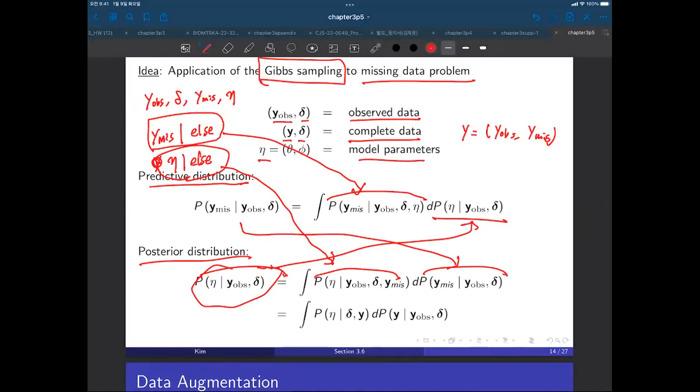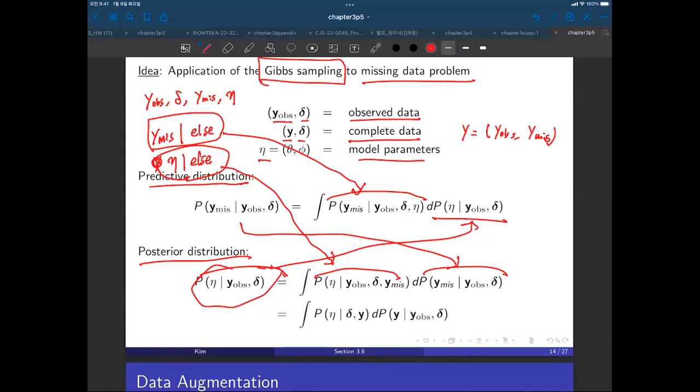So that means you generate Y miss from here. This actually explains the Gibbs sampling in the end, because this is the full conditional. This is the full conditional of Y miss, and this is the full conditional of eta, right?